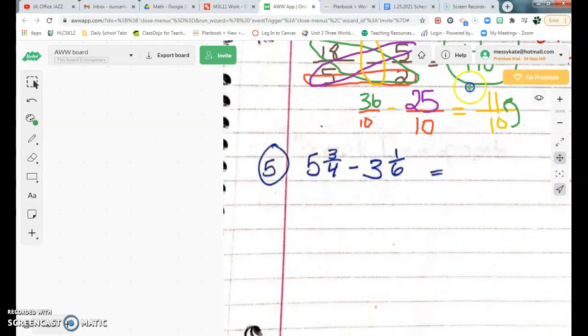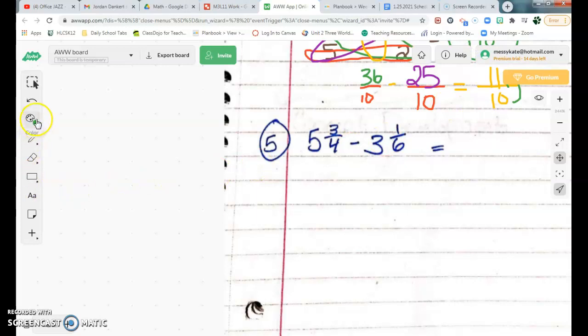Now I have number 5 that I need to solve. Number 5, again, I want you guys to be writing these down with me, please, and pause the video if you need to. I have 5 and 3/4 minus 3 and 1/6. Now the first step is to convert this into an improper fraction. To do that, I'm going to do 5 times 4, which is going to get me 20. 20 plus 3 is going to get me 23.